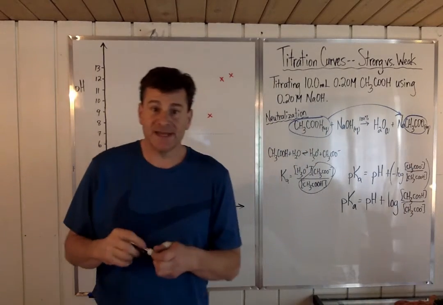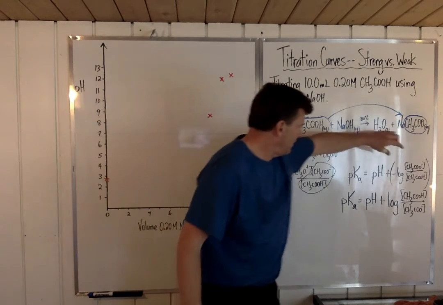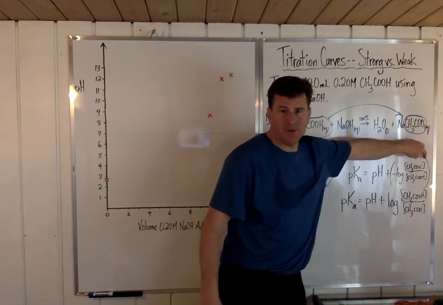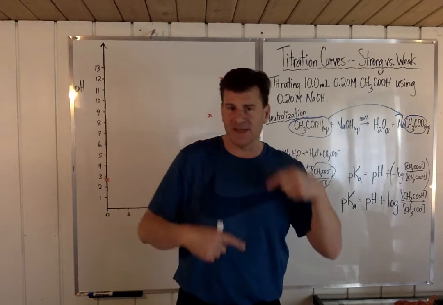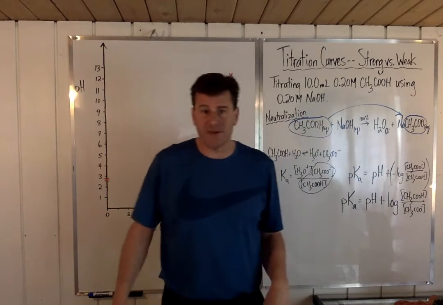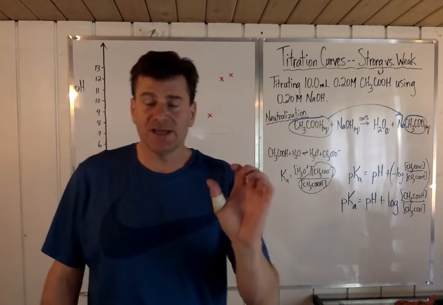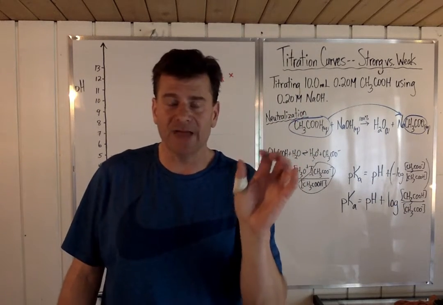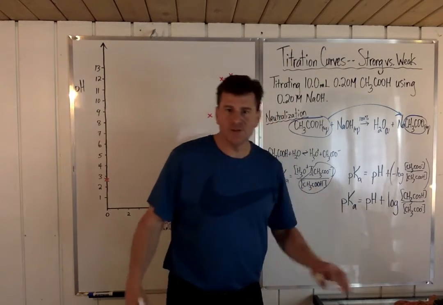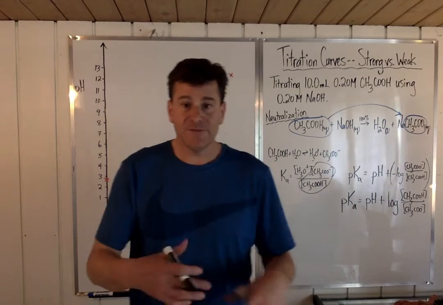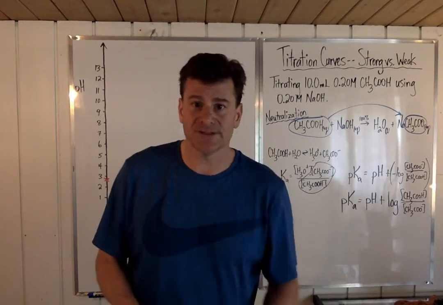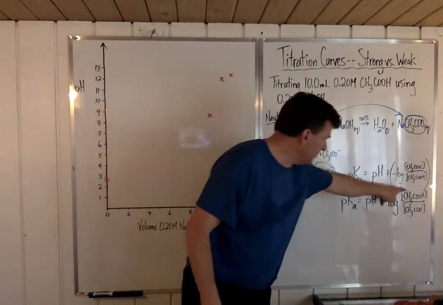What I did is I took this term, and because there was a negative sign out front, that became an exponent, which meant I could flip it and make it the inverse, and so it becomes plus log of the acid over the base. So the pH of any solution can be solved if you know the Ka and you know the ratio of the acid to the base concentrations.